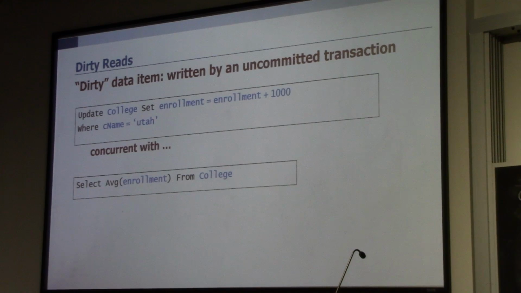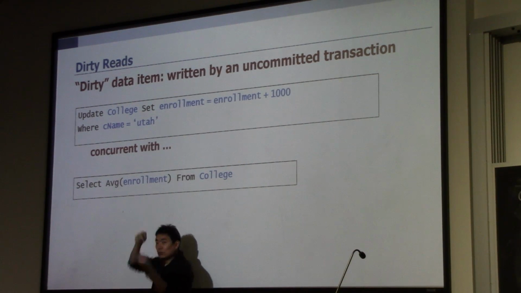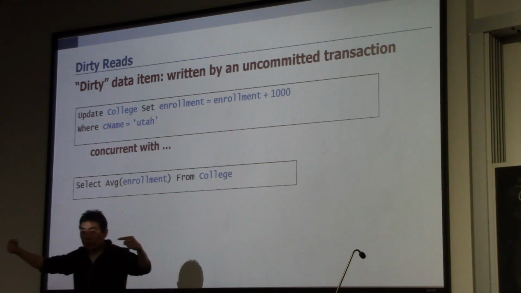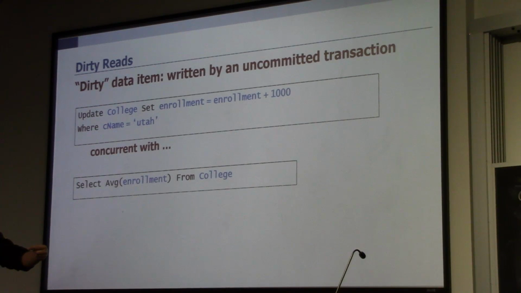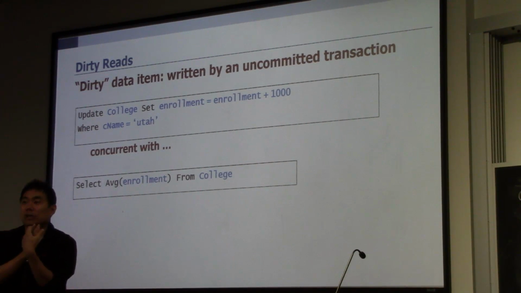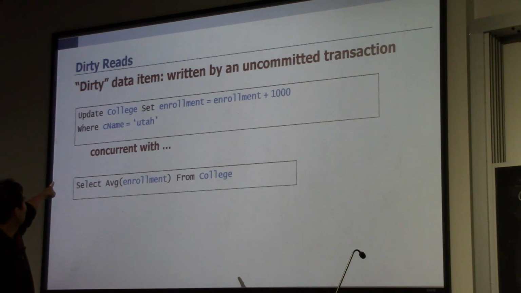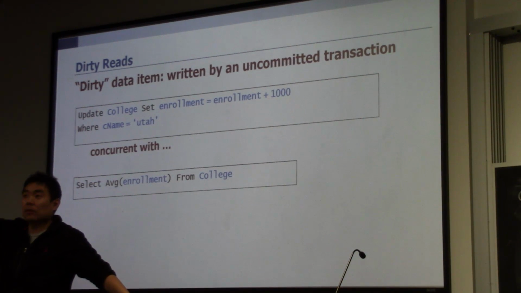Now, if you try to read, by doing this, you have to read the enrollment value from each university from the Pac-12 colleges. When it comes to the University of Utah, and suppose that's right after you have updated the enrollment number by 1,000, that read of the enrollment value will be a dirty read because that first transaction hasn't committed yet, assuming it hasn't committed yet.